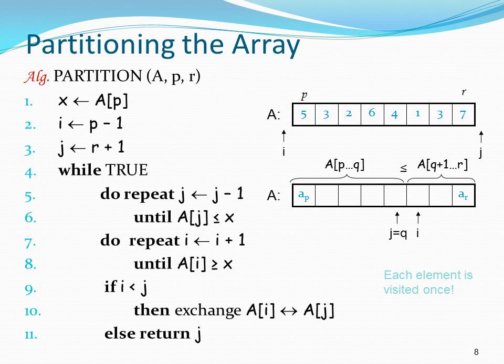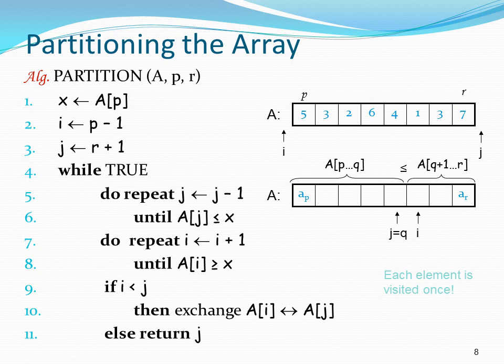Here partition A, p, r: x equals A of p, the starting element, is the pivot element. I equals p minus 1, j equals r plus 1. Move j from right to left while A of j is greater than the pivot element.